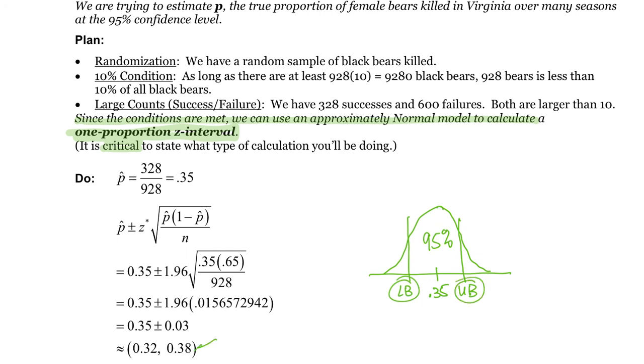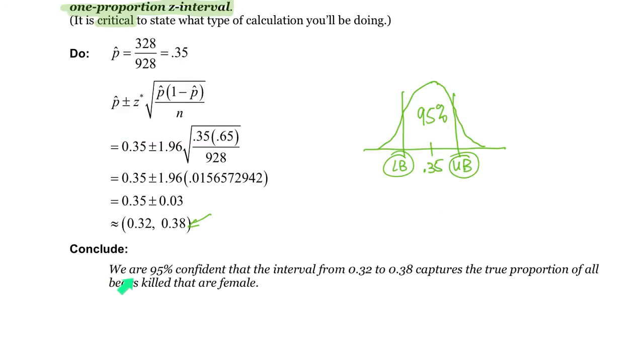And that's what's given right here. That's our final answer. So that lower end would be 0.32 and that upper end would be 0.38. And finally, notice that we've got that statement that you should memorize. We are 95% confident that the interval from 0.32 to 0.38 captures the true proportion of all bears killed that are female.